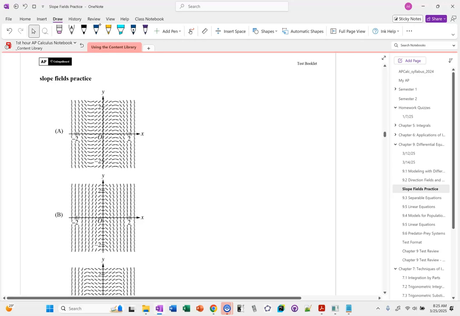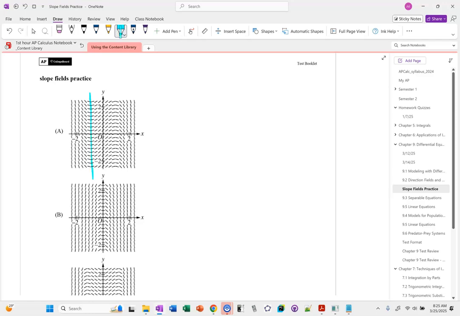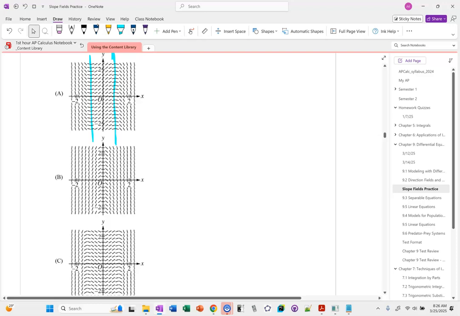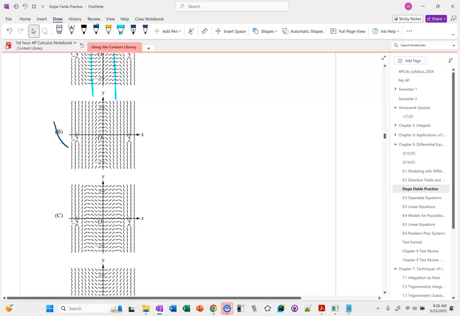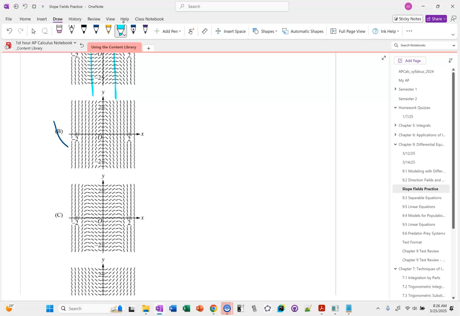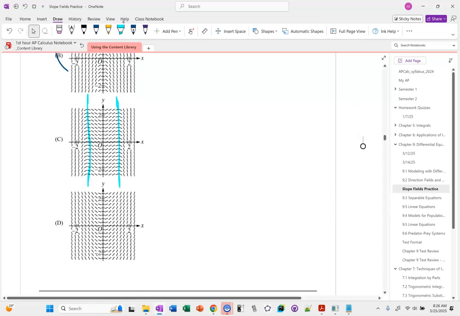How's A look? Looks like it meets our equilibrium value criteria, right? Can't eliminate that. What about B? Does B work? No. How about C? I don't know, it's hard to tell, maybe. How about D?